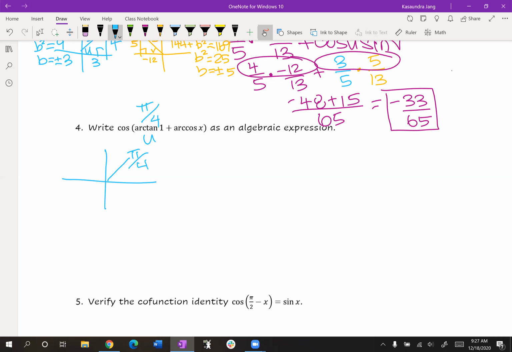The v, let's see here, arc cosine of x. That one doesn't say arc cosine of any particular number. It's a variable x. So I'm going to have to do a little work on that. So for my v, let's consider a triangle here.